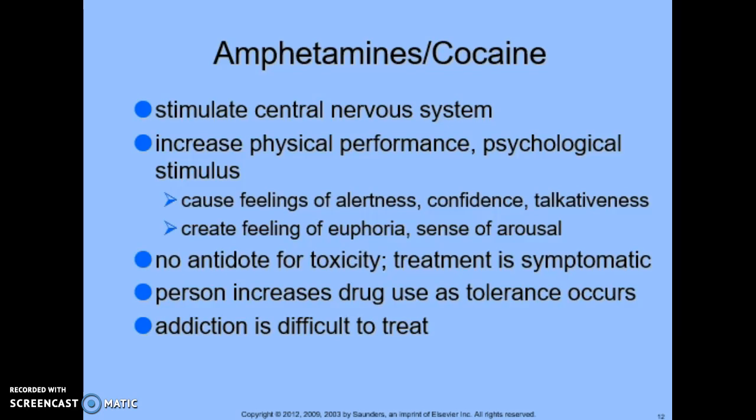They increase physical performance and psychological stimulus. They cause feelings of alertness, confidence, and talkativeness. They create feelings of euphoria and a sense of arousal. A person typically increases drug use as tolerance occurs, and this addiction is difficult to treat.